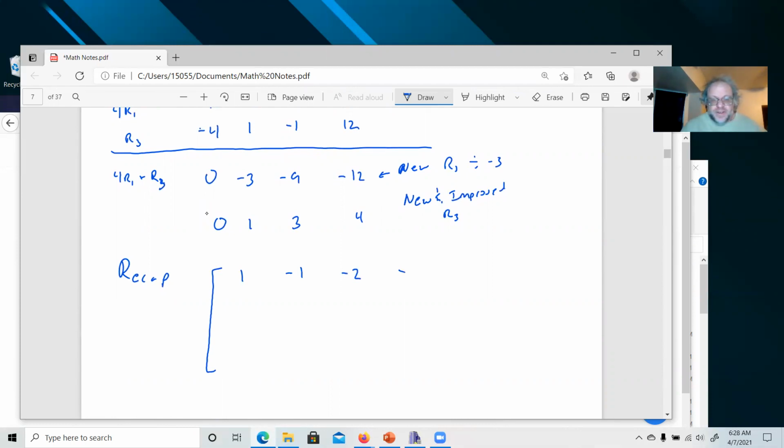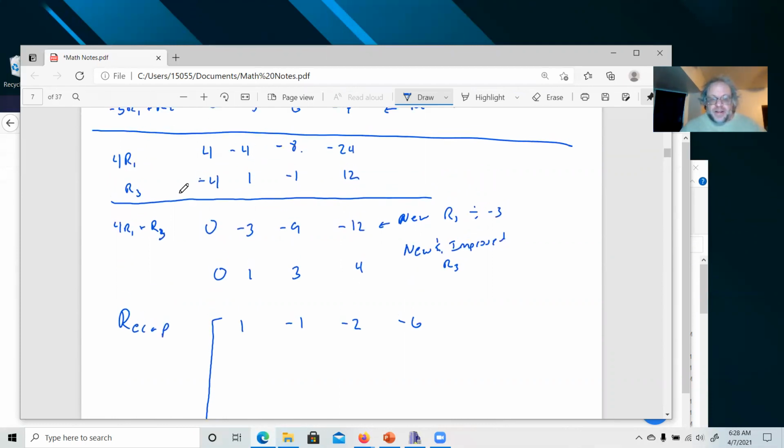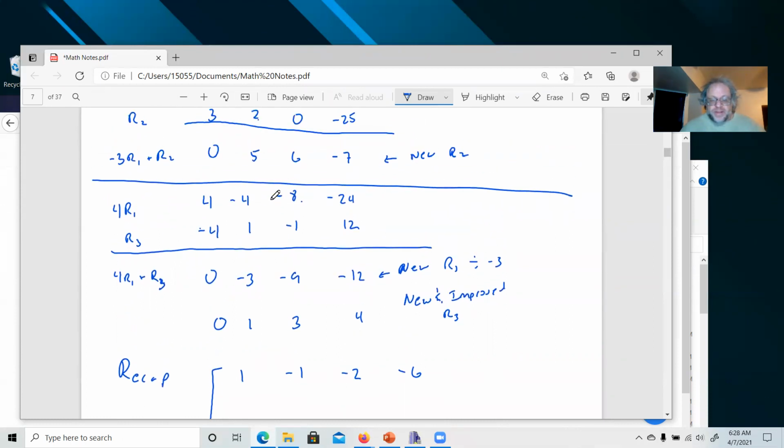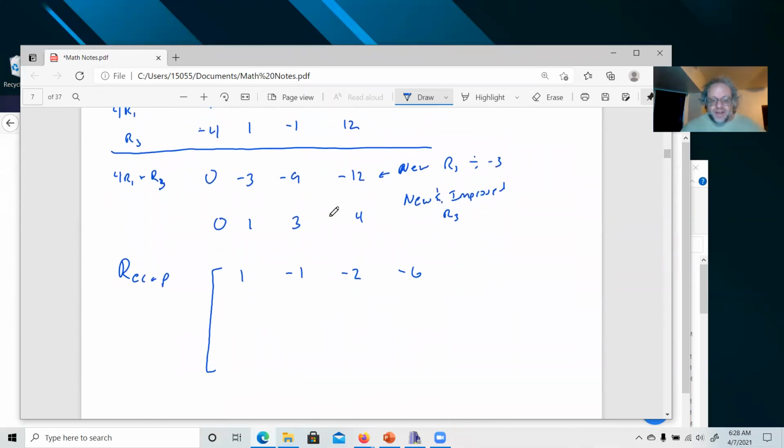-2 and -6. And now my new row 2, right, is 0, 5, 6, -7. My new and improved row 3 is 0, 1, 3, 4. And exactly what the plan was, we knocked these guys out.